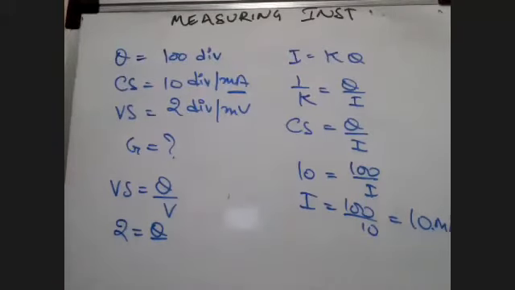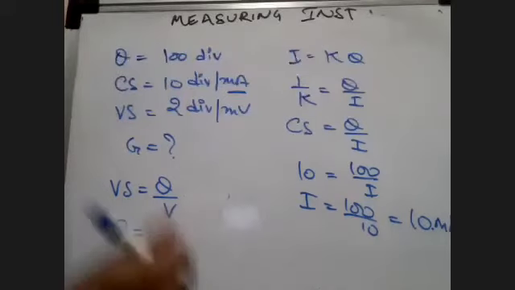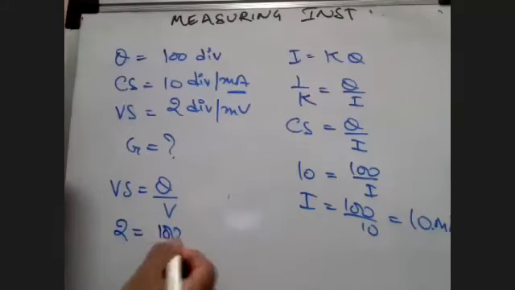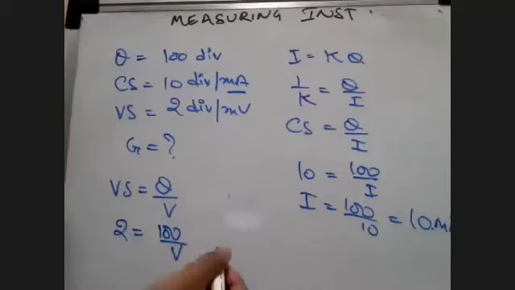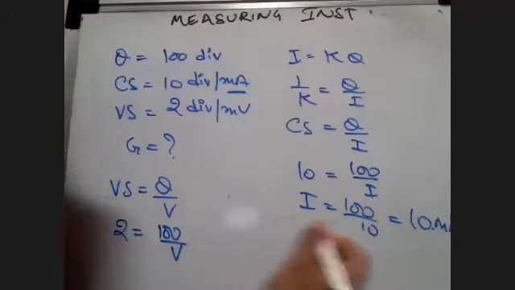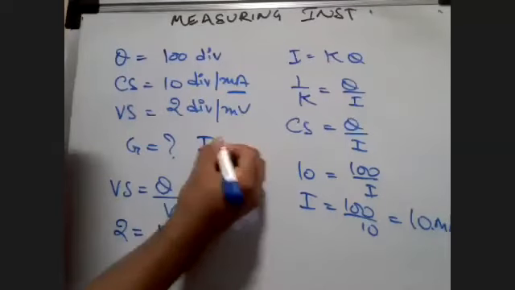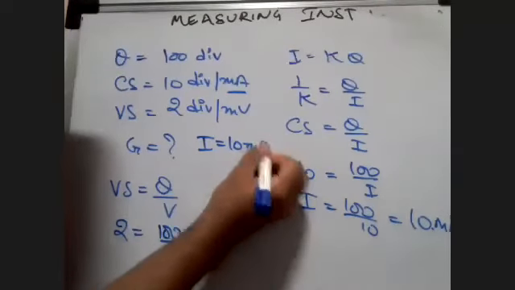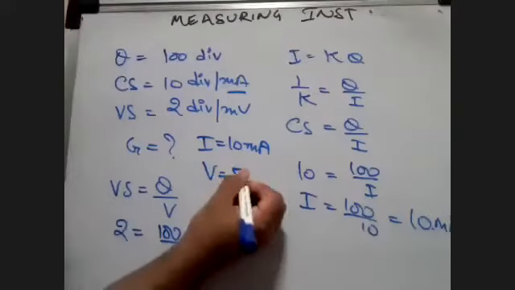So 2 is equal to theta by V, and theta is given to us, that is 100. V is not given for us. So V is 100 by 2, that is 50 millivolts. So we got I is equal to 10 milliamperes and V is equal to 50 millivolts.